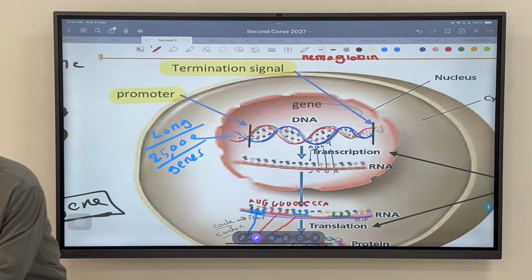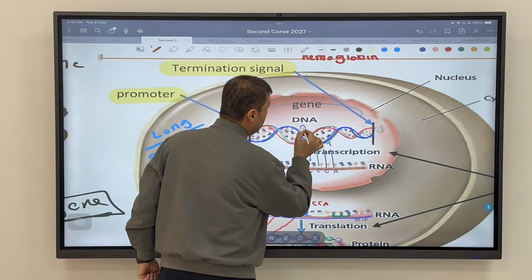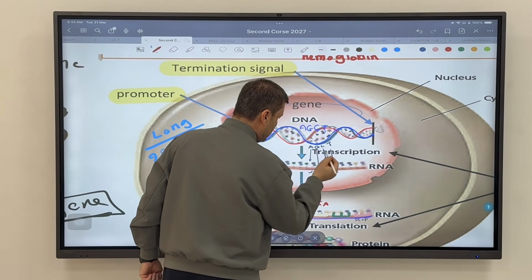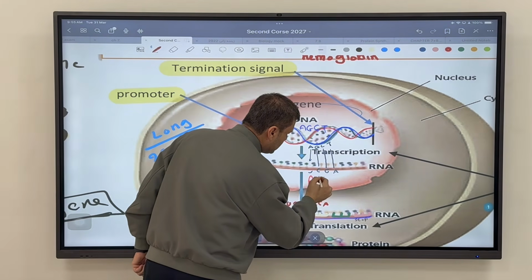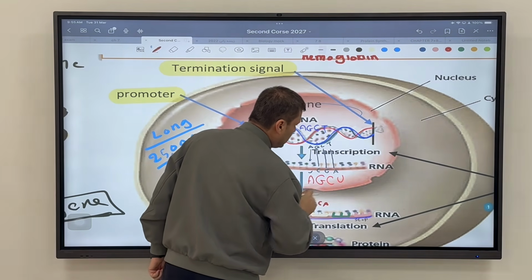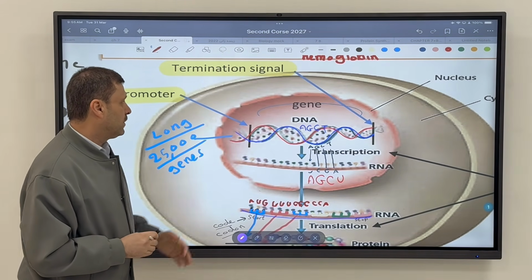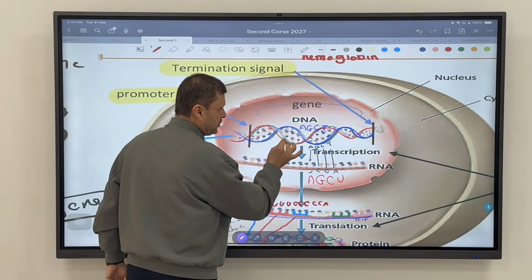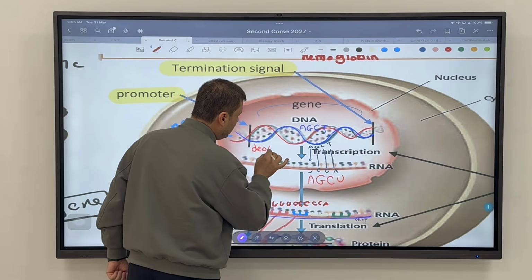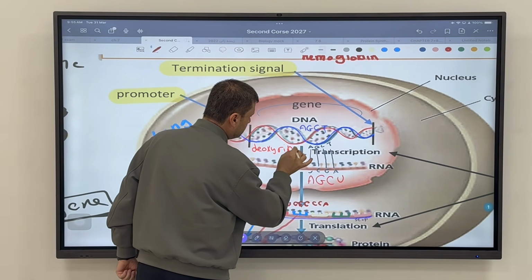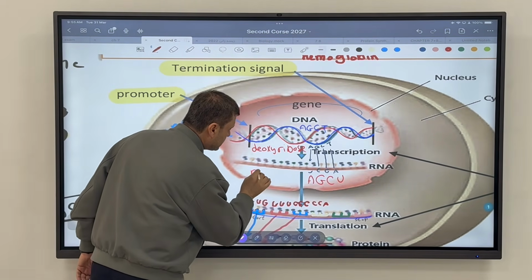Second, the DNA nitrogenous bases: we have A, G, C, T. But RNA nitrogenous bases: we have A, G, C, U. We have U instead of T in the RNA. Third one, the sugar in the DNA is called deoxyribose, but the sugar in the RNA is called ribose.